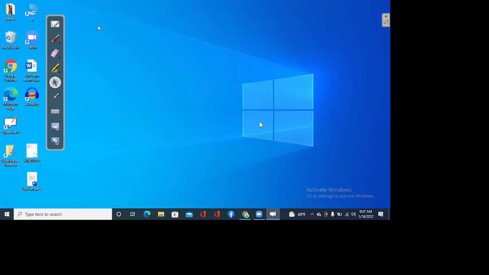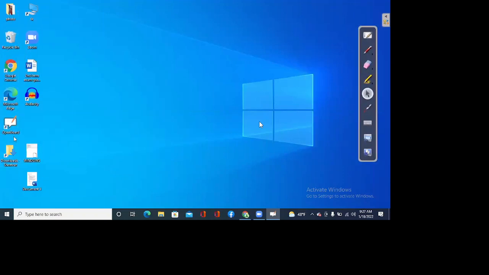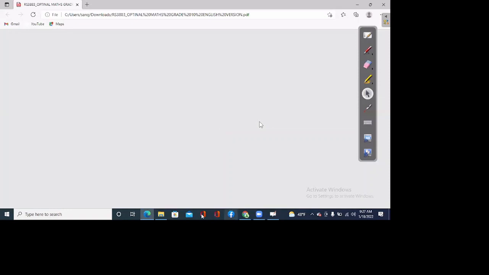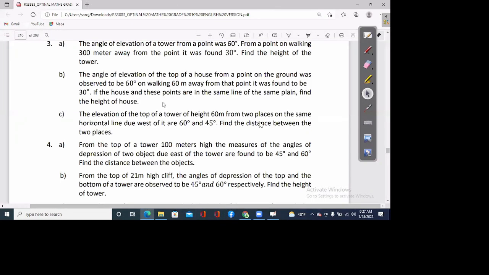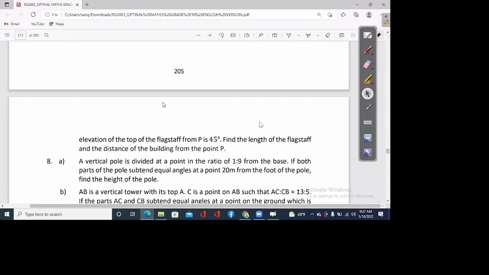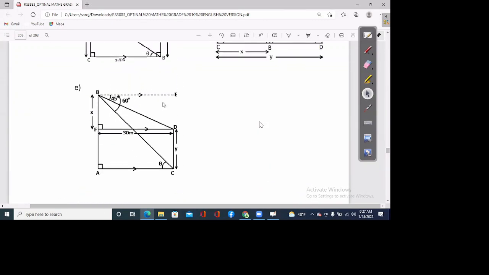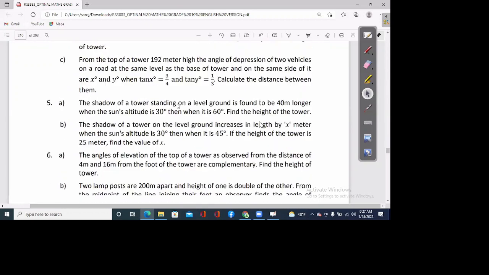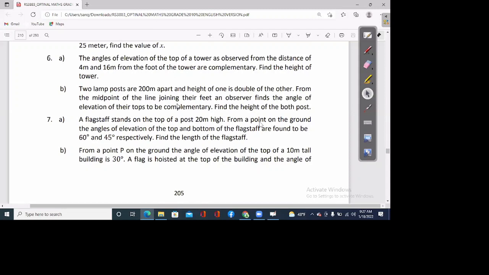Now let's do one thing. I'll show you one question of similar type, which you are going to do. Complementary angles. All of you please do question number 6A. Question number 6A, all of you.